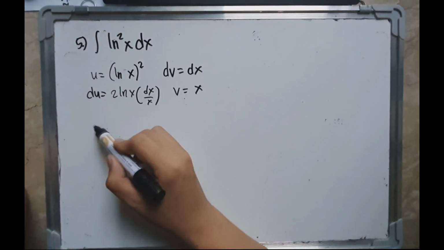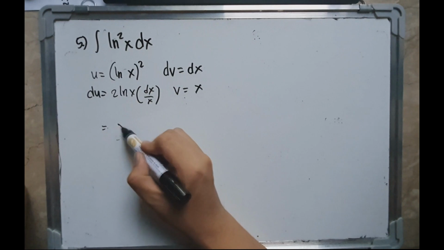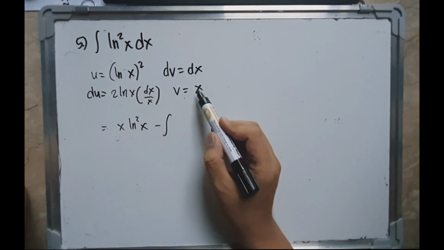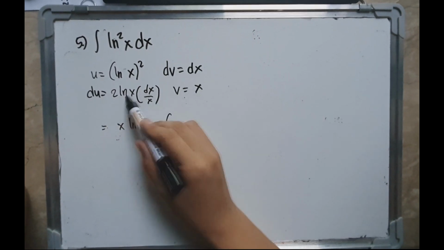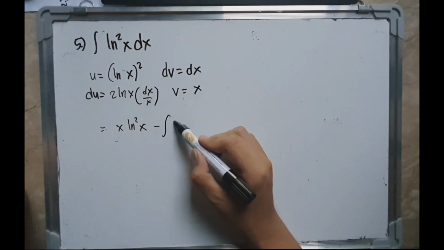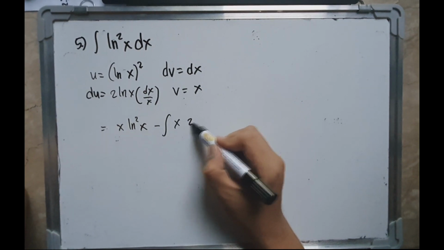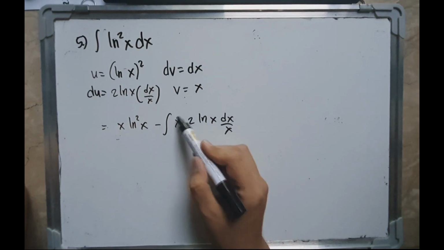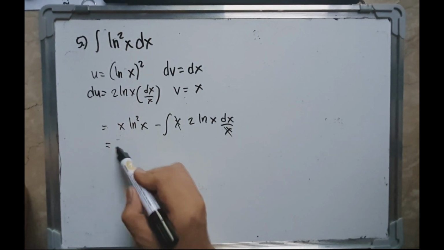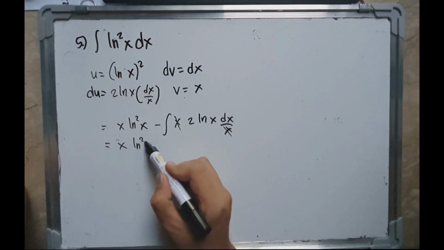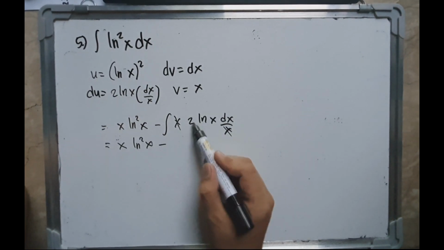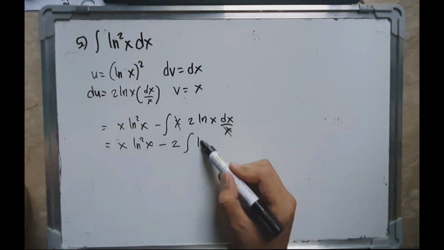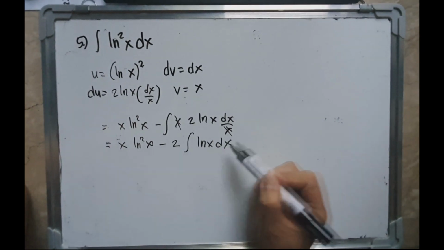U times v, x ln squared x minus the integral of v times du, x times 2 ln x dx over x. We could cancel the x. x ln squared x minus, we could write the 2 in front of the integral symbol, 2 times the integral of ln x dx.